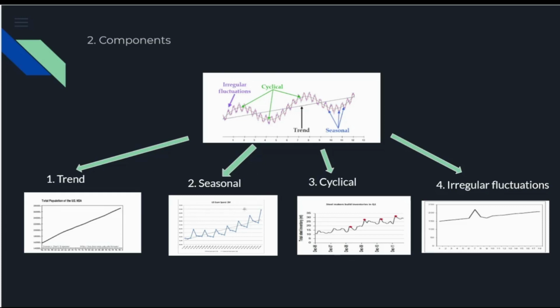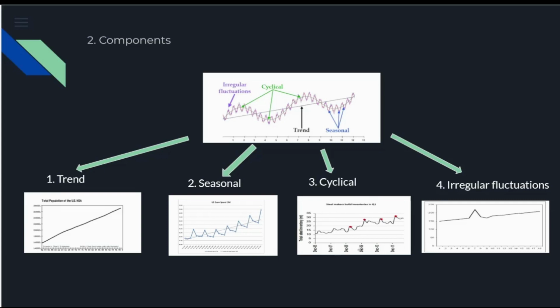So it can't be longer than a year. You can see this uniform, regular variation. A seasonal aspect can be regular variation that happens hourly, daily, or quarterly, like this example is showing. It has to be less than a year.